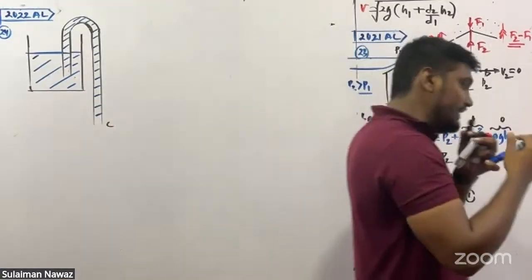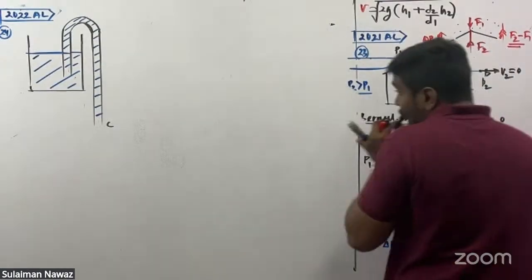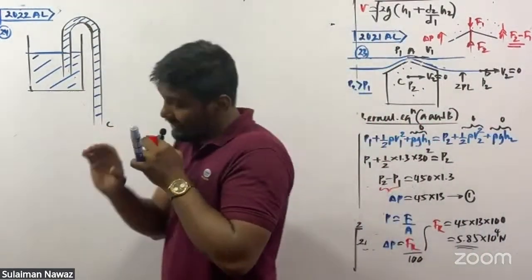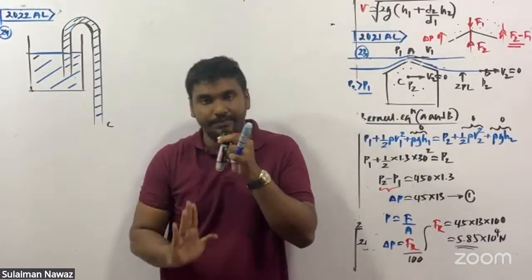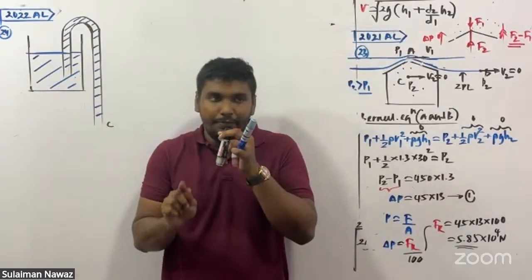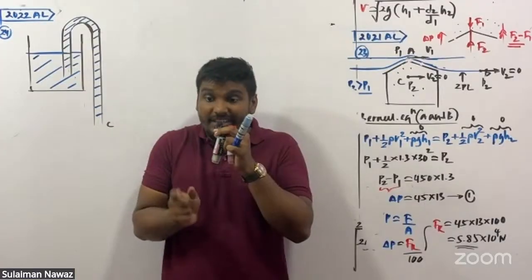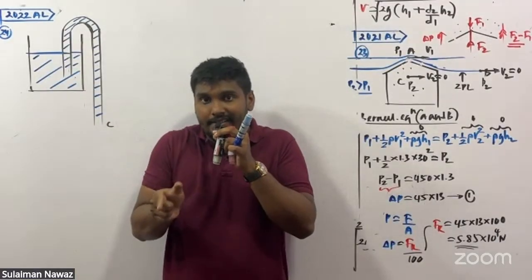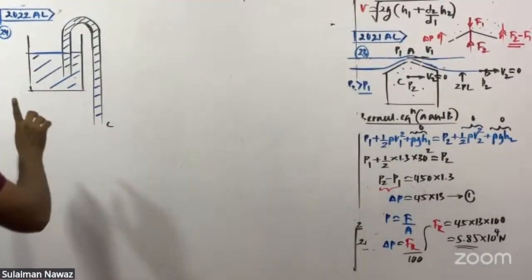Now the most difficult thing in this type of question is deciding the 2 points. Definitely all of you will understand, yes, I want to apply Bernoulli's equation, and anyone can select a streamline. The problem is what are the 2 points that I'm going to consider? Which 2 points, if I consider, will I get the answer?